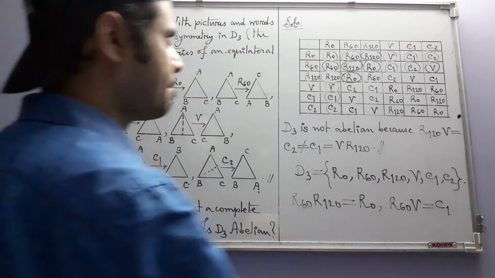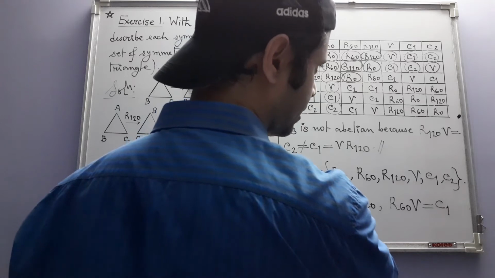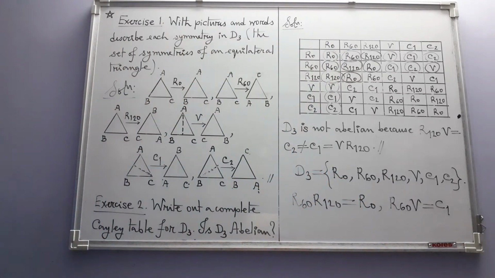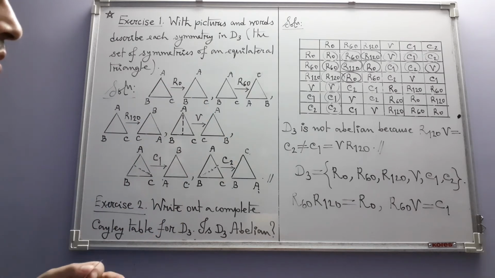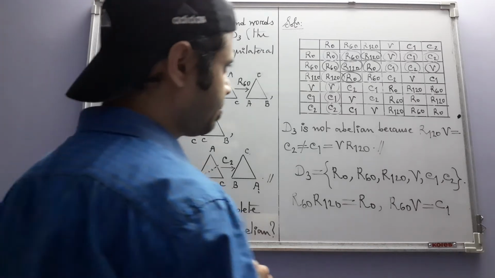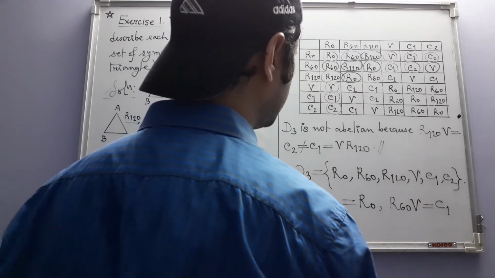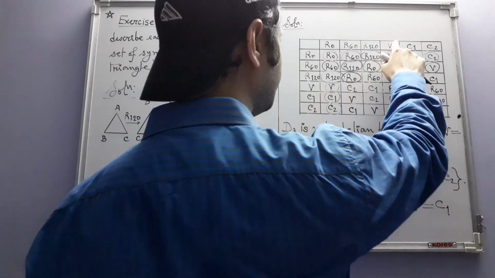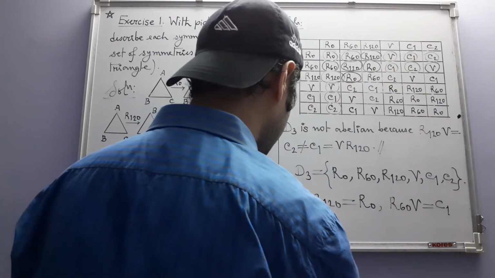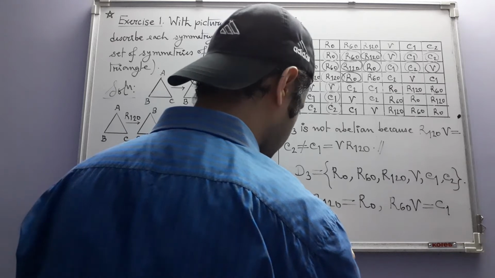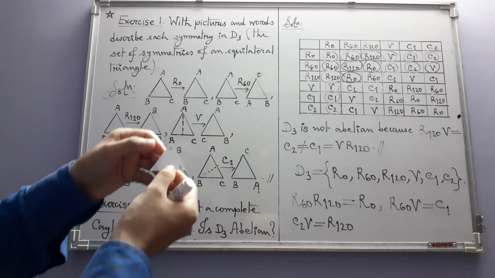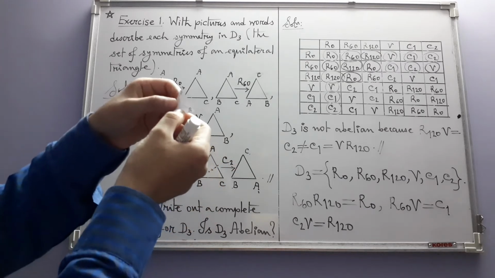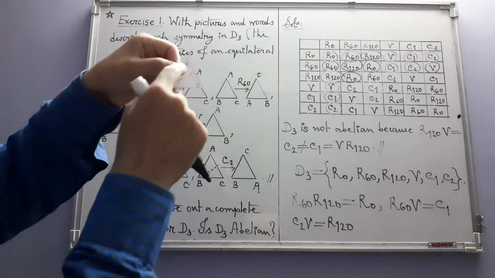Okay. Do we check the other entries? I leave it to you to verify that the other entries are also true. Let us maybe do two more. For example, how do we get C2 V equal to R120? C2 V means first we will perform V. So this is ABC.